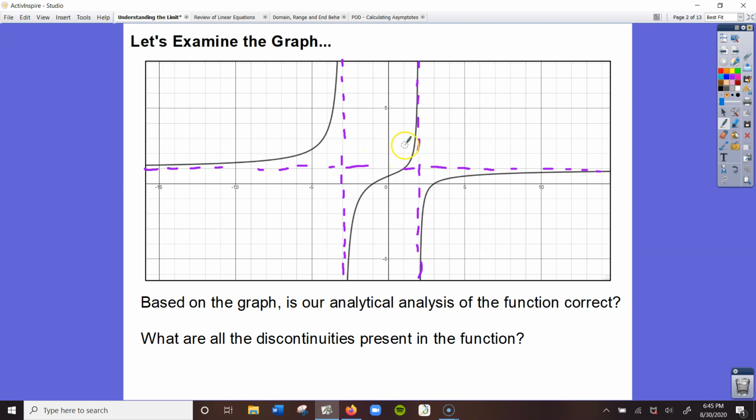No holes, as we determined before. So based on this graph, our analytical analysis of the function is correct. All the discontinuities present are, as we stated, vertical asymptotes at x equals negative 3 and 2, and a horizontal asymptote at y equals 1.